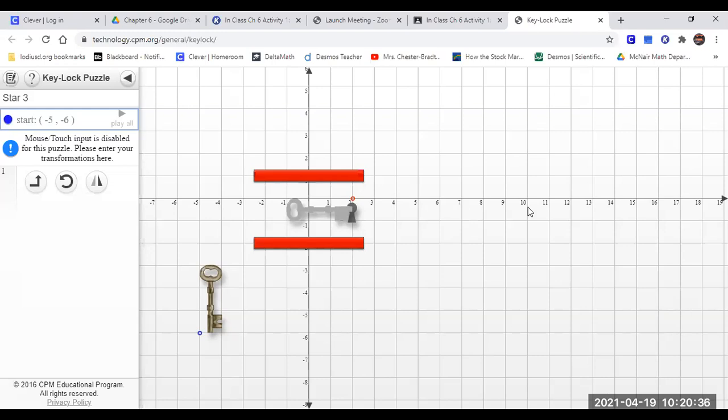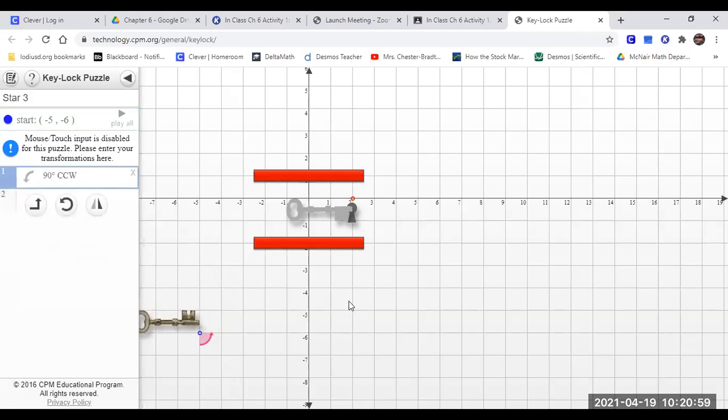A slide, a spin, or a flip? A spin. Okay. So if we spin, do we want the headpiece to go left or do we want the headpiece to go right? Left.